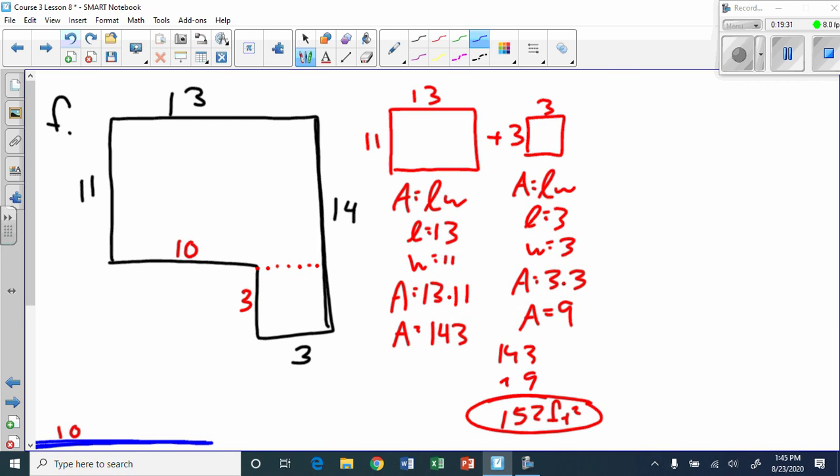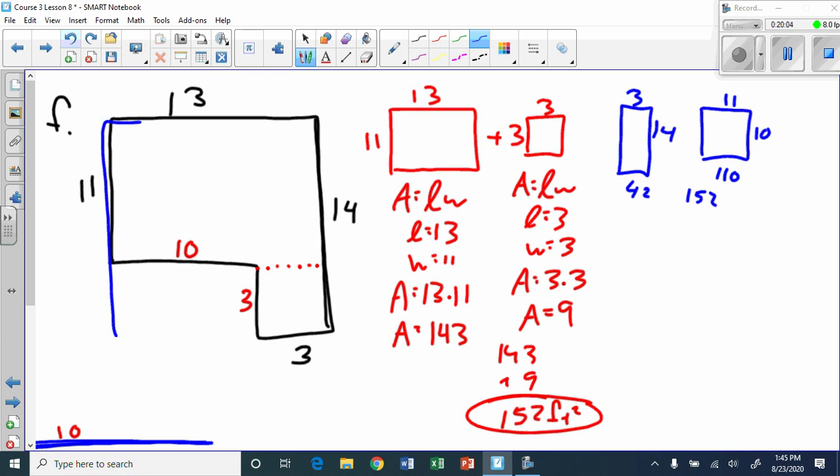Now, as I look at that, you might have gone like this. This piece here is a 3 by 14, combined with a 10 by 11. Multiply, this becomes 42. This becomes 110. That's 152. I just checked my work to see if I was right.